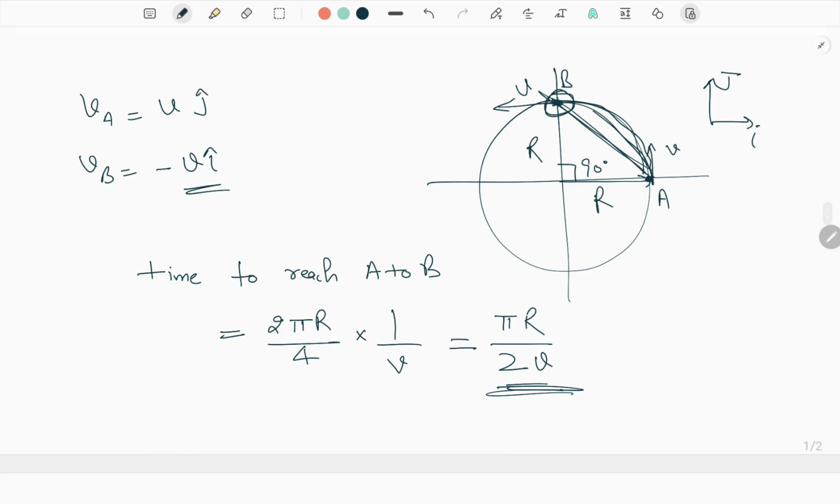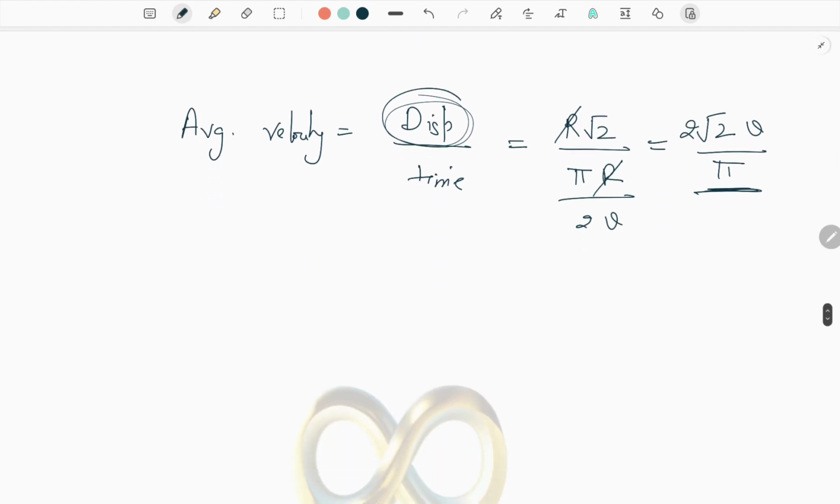And we know the instantaneous velocity. Instantaneous is the velocity at this point, at this moment, that is the velocity at B, equal to minus V i.